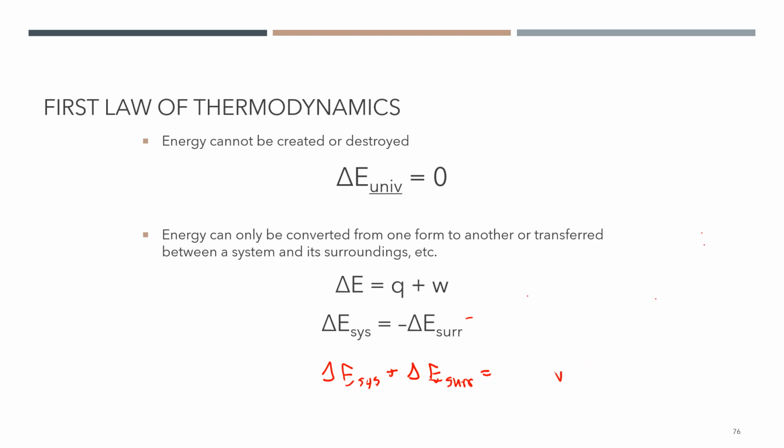So that's how that derivation is found, because any energy that is lost from a system has to go somewhere. It's going to go to the surroundings. If it is positive, that is an endothermic process. If that was negative, then that would be an exothermic process.